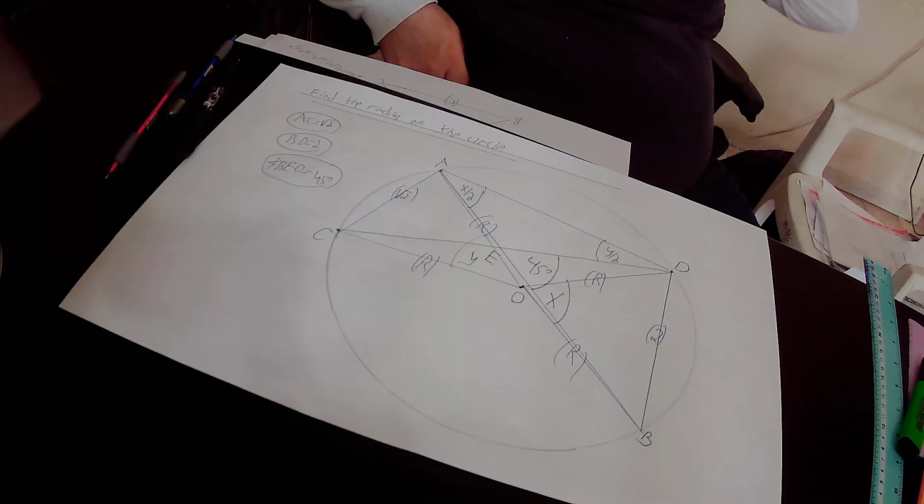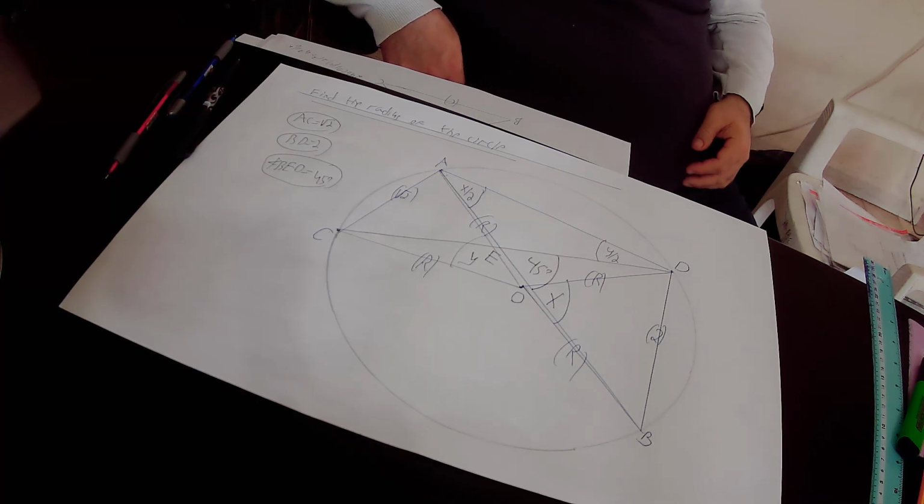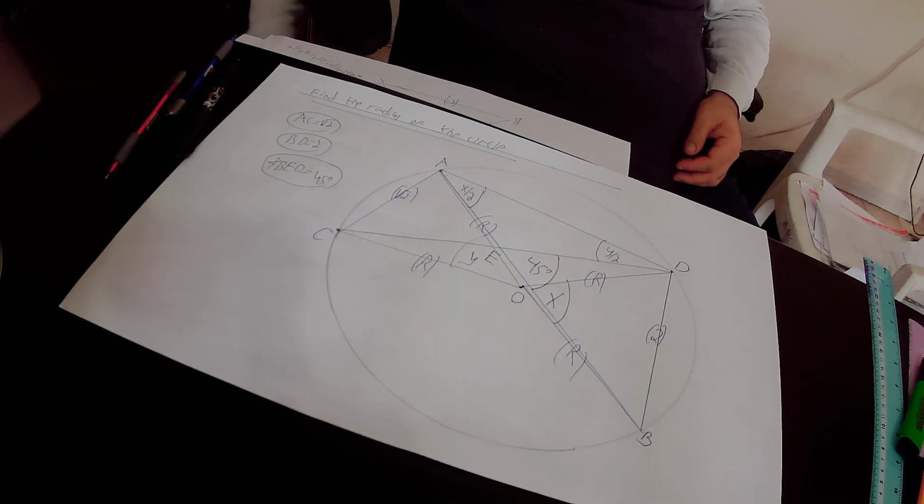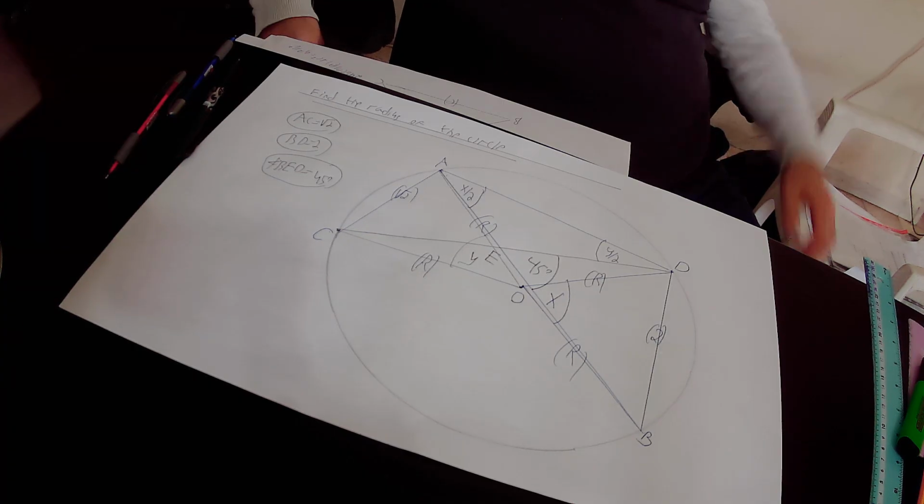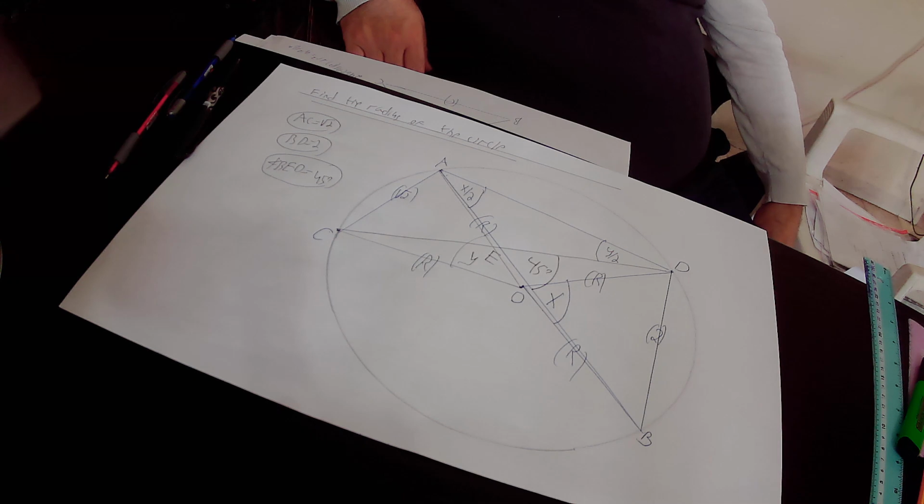And according to rule 4, or according to rule 13, the center angle is twice as large as the peripheral angle that subtends on the same chord or the same arc.